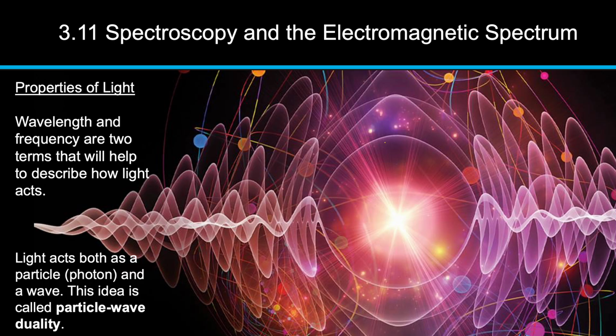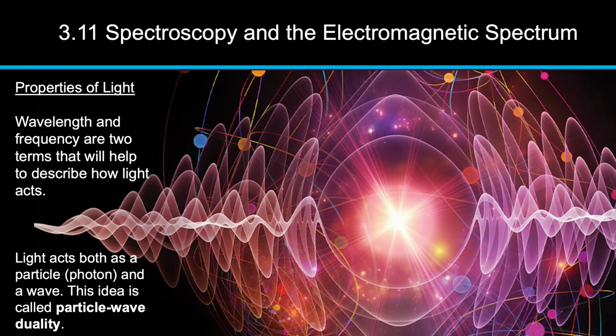To really understand spectroscopy, we need to look at some important properties of light. First, light can be described using wavelength and frequency. So wavelength is the distance between two peaks of a wave, and the frequency is how many waves pass a point per second. So these two properties are related. So when wavelength gets shorter, frequency is going to increase. But light is also very strange because it doesn't behave just like a wave.